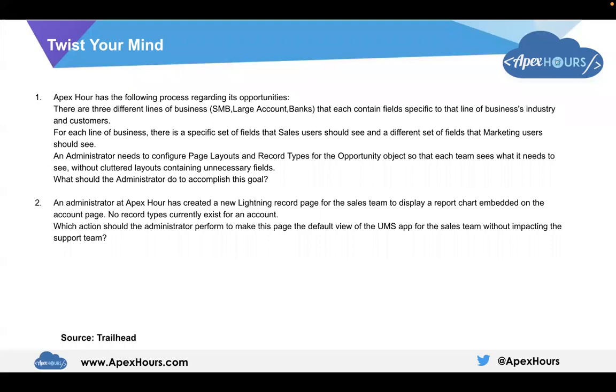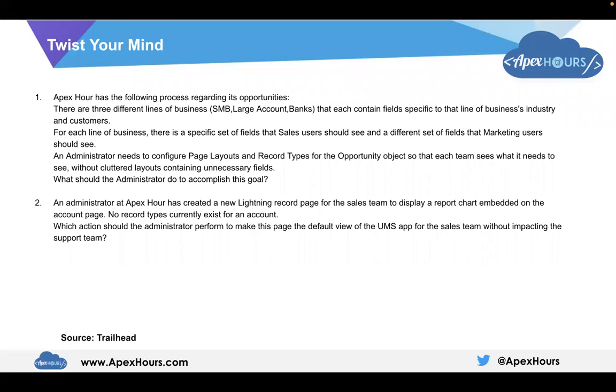We could see there are three lines of business: SMB, large accounts, and banks, and each has different kinds of fields. The way of handling them will be different. We may need to create a different record type for each of them to control the values of the pick list. So we'll create three different record types. Now, the sales user and marketing user need to see different fields for different lines of business.